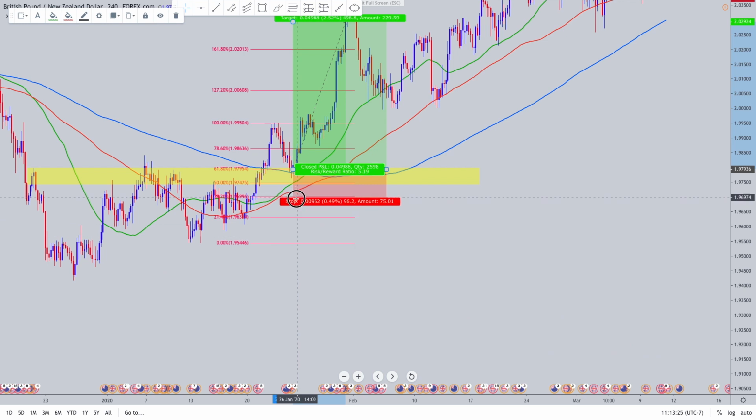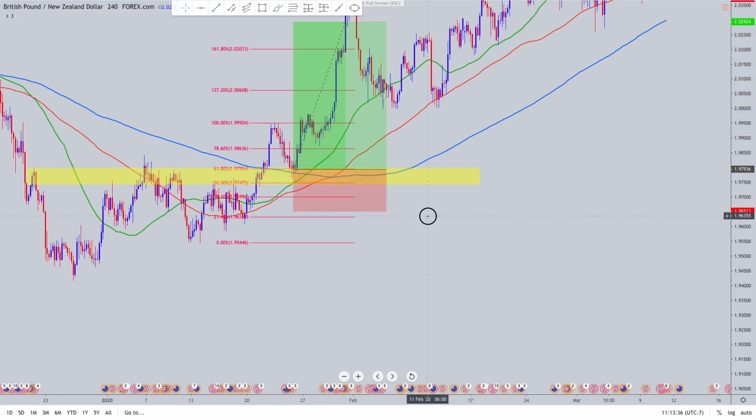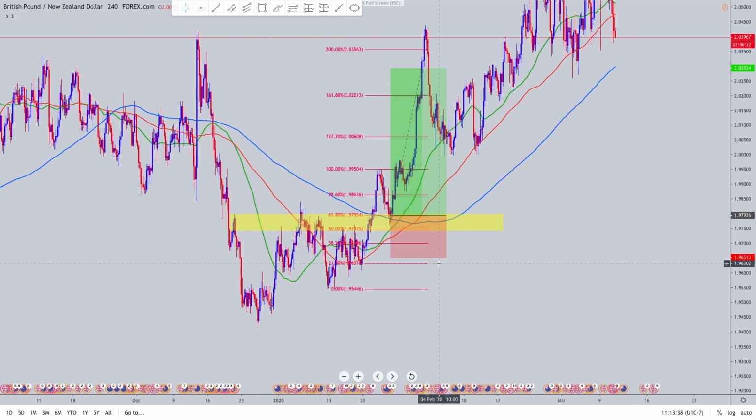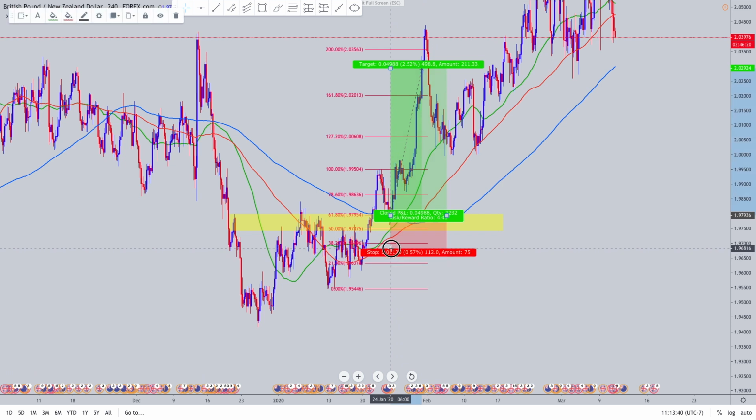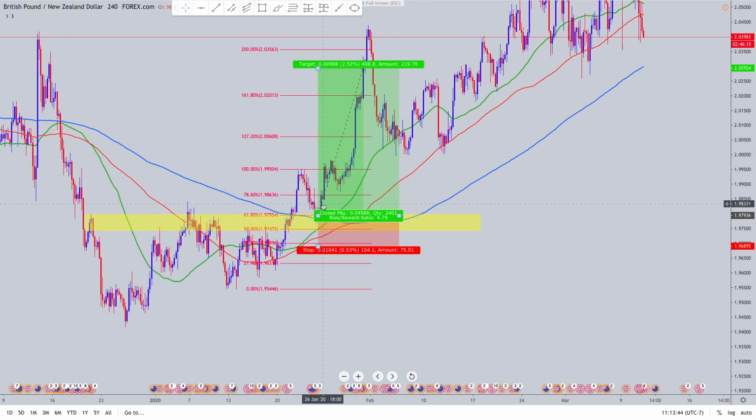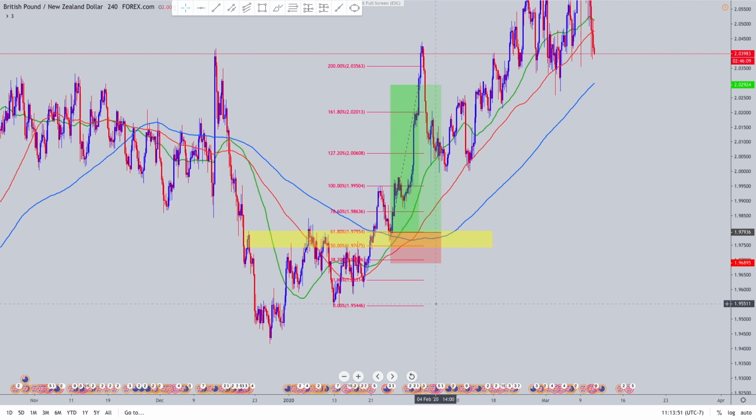Some people like to place the stop below the 38.2 just to give them some room, or some people like to even place it below the 21 or below the 0. But just for this setup, if we were taking it, I'd probably put it below the 38.2 because it's under these moving averages, it's under this zone, it gives some nice cushion.